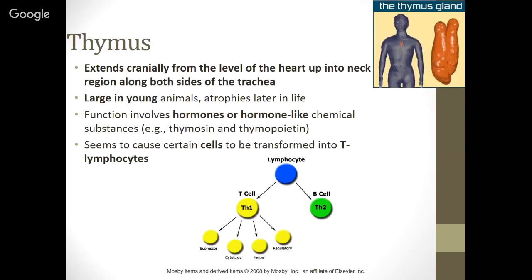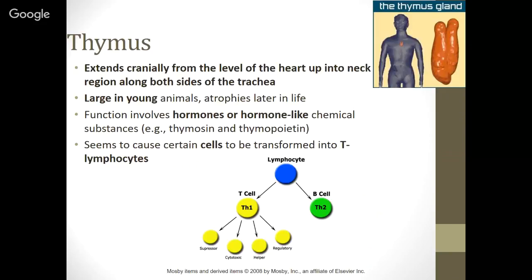The thymus. The thymus extends cranially from the level of the heart up into the neck region along both sides of the trachea. We've talked about the thymus before when we talked about the development of lymphocytes into T cells and B cells. It is large in young animals because that's when the immune system is developing, and it atrophies later in life.